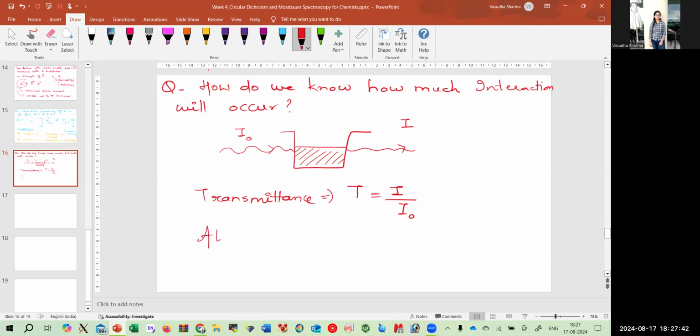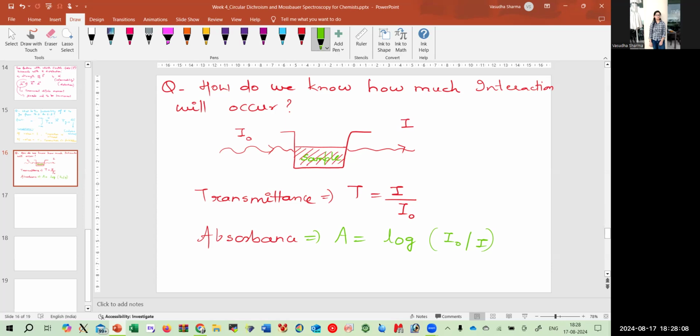And absorbance, what this sample has absorbed, is given as A equals log of I naught by I, because A is inversely proportional to the transmittance, and that's a logarithm of it.